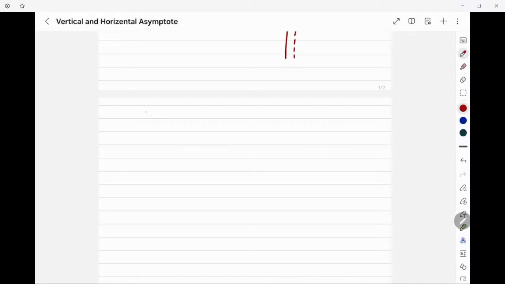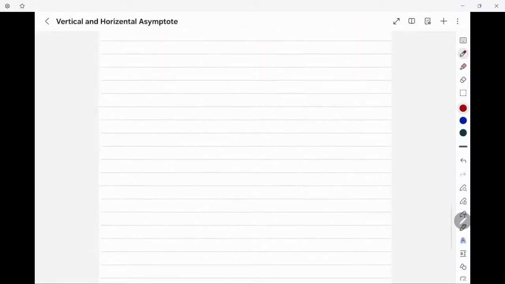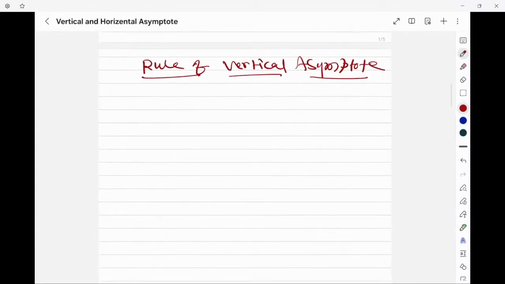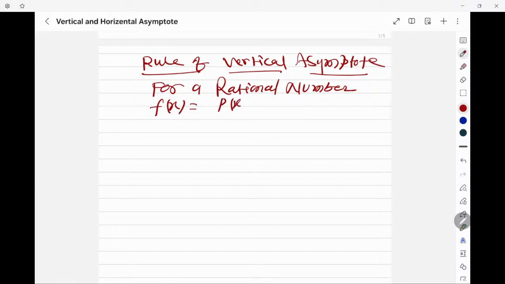So the rule of vertical asymptote: for a rational function f(x) equals p(x) over q(x), right?